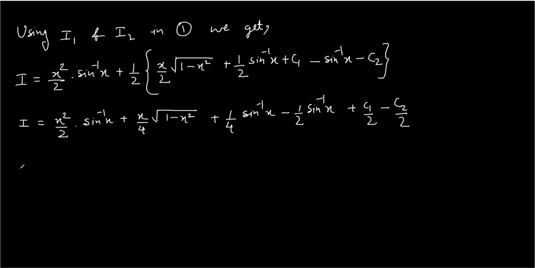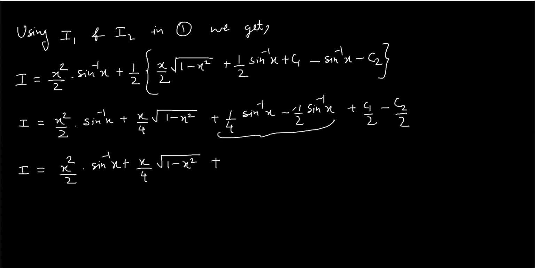Okay, next step I get x square by 2 sine inverse x plus x by 4 square root of 1 minus x square plus, now see these two terms are both in sine inverse x, so 1 by 4 minus 1 by 2 is minus 1 by 4.